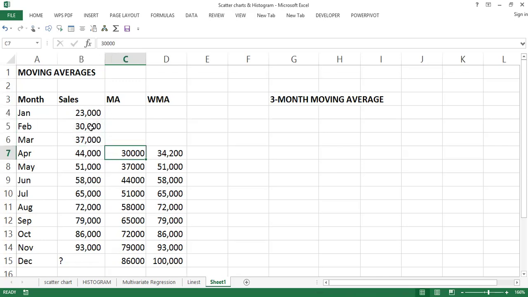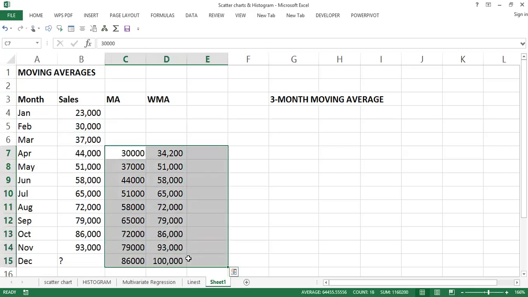Okay. We'll use February, March, April to forecast what May sales would be. We'll use March, April, May to forecast June. Are you following? That's the idea. So let me delete these figures.